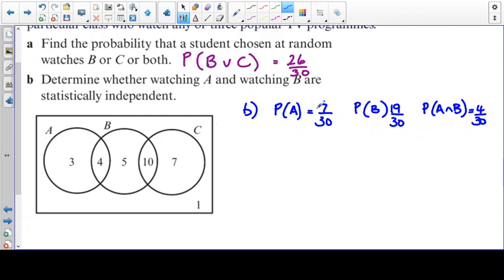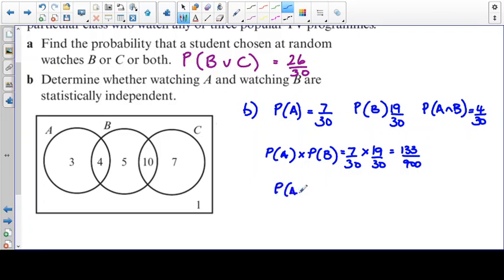And then we need to show either the product of those two is that, or the product of those two is not that. So the probability of A times the probability of B, 7/30 times 19/30, is 133/900, which is not that. So we can say the probability of A times the probability of B is not equal to the intercept.